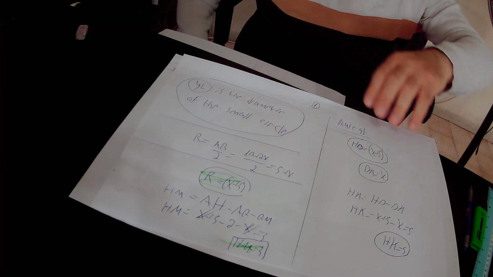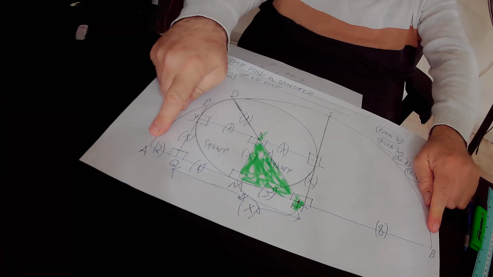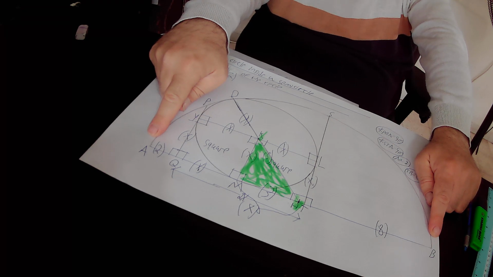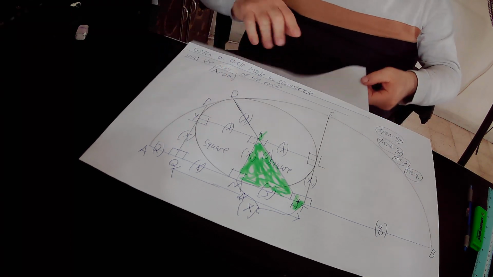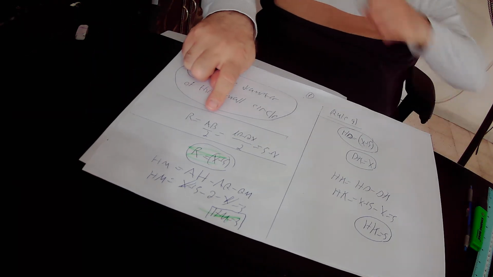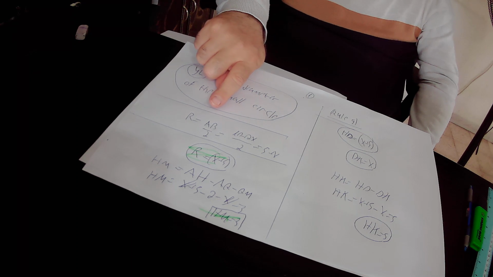What is the length of the diameter AB? From the drawing, it is very easy to see that AB in total equals 2 plus 8 plus 2x. 2 plus 8 is 10 plus 2x. So in total, the diameter AB equals 10 plus 2x, and therefore the radius equals AB over 2.